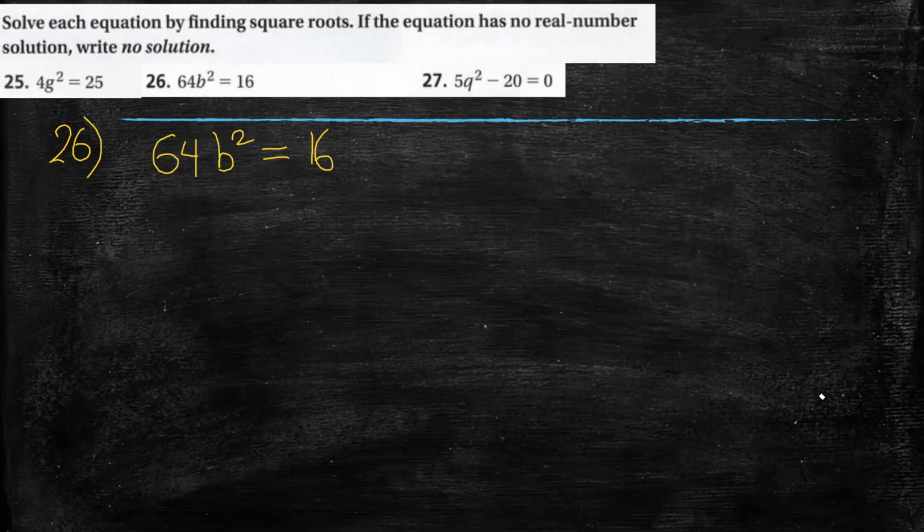I have to divide by 64, the number that is multiplied by the variable. Then now, b squared is 16 over 64.